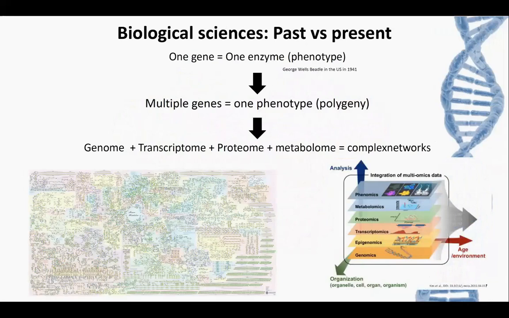Now, going back to biology, what is the importance of bioinformatics? The classic concept of biology is what we call the one enzyme, one phenotype hypothesis, or what we call Mendelian genetics. It states that a gene produces one enzyme or protein that is responsible for one phenotype.